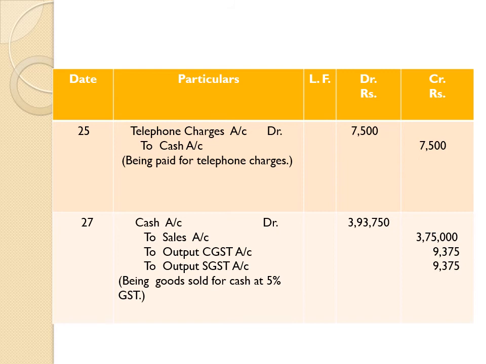So 5% of rupees 3,75,000 came to rupees 18,750, divided by 2.